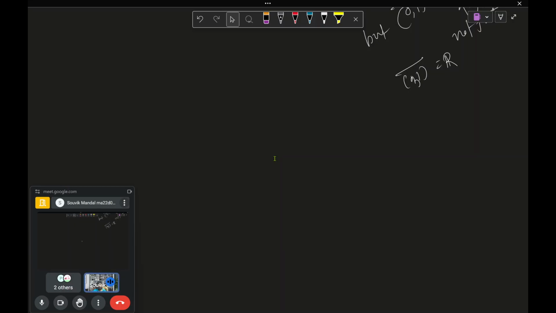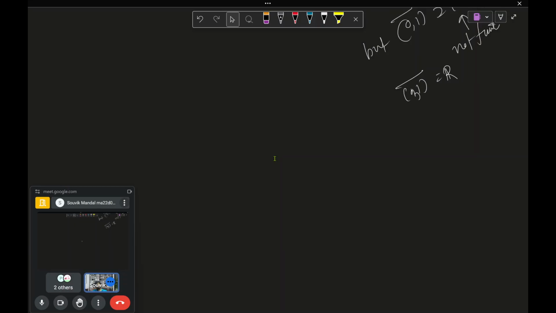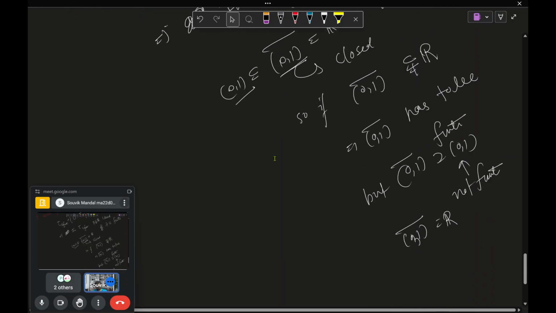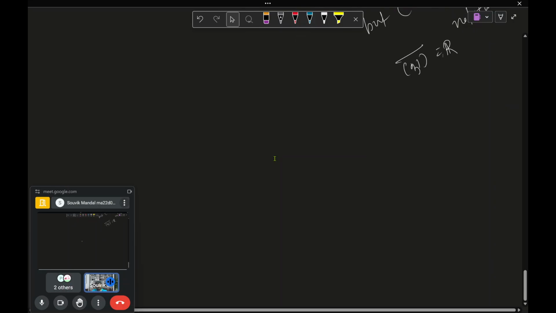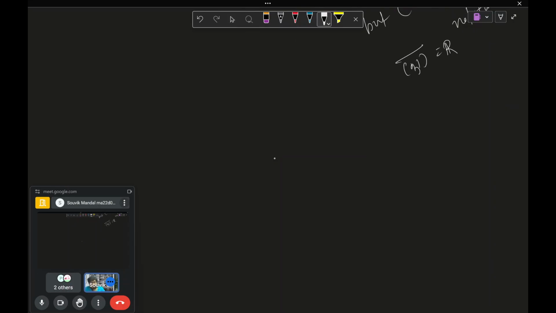Good question. So look, let's try. First you try to guess. First of all, the interior has to be open. Then it has to lie inside (0,1), correct?